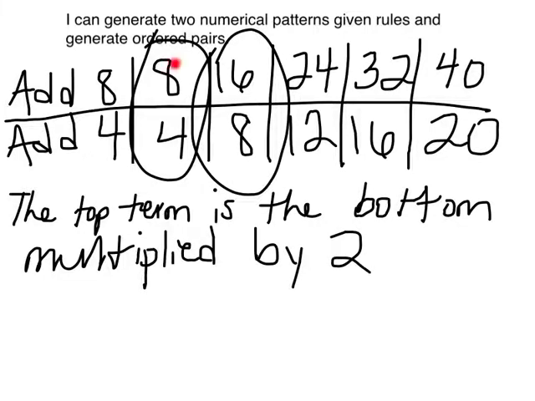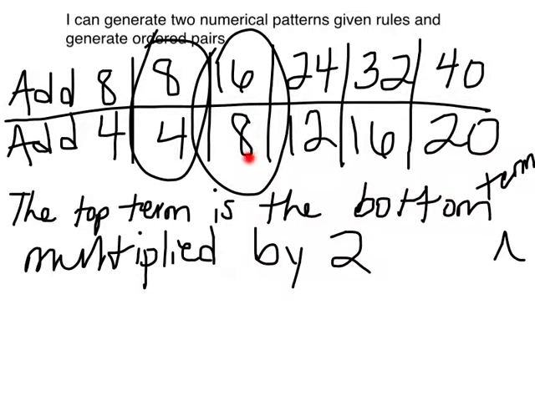So we're saying this top term, you will get this number if you take the bottom term and multiply it by 2. So the top term is the bottom term multiplied by 2.